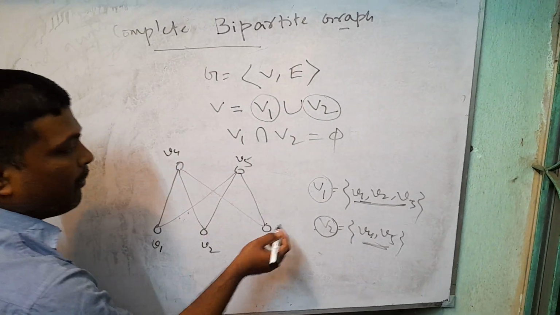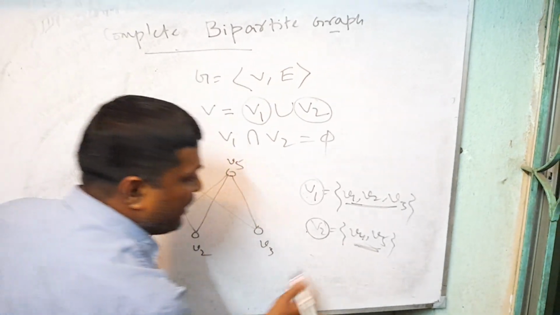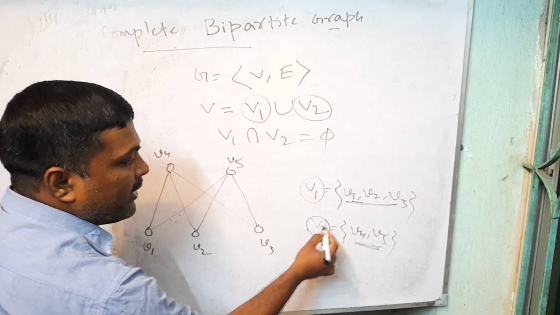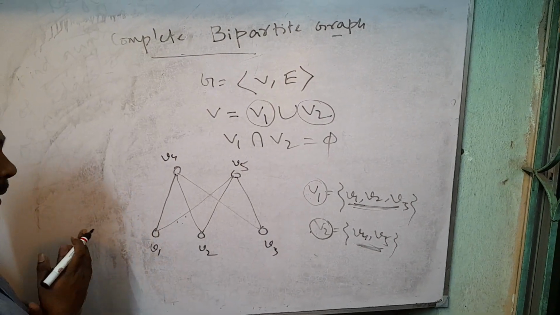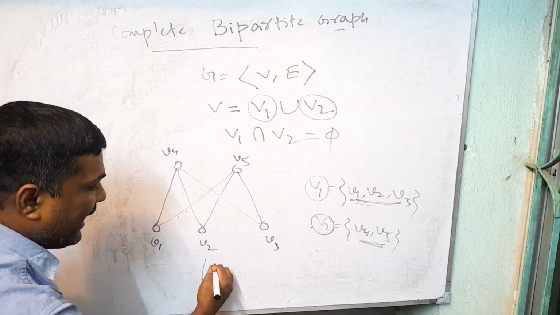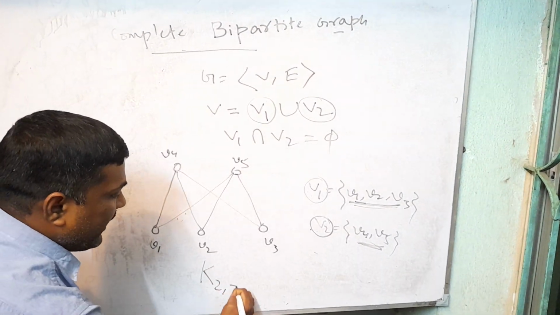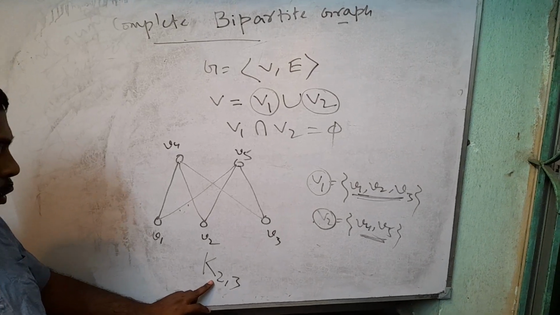Every vertex of V1 is connected to all the vertices of V2, and every vertex of V2 is connected to all the vertices of V1. This is one example of a complete bipartite graph. This graph is K2,3.